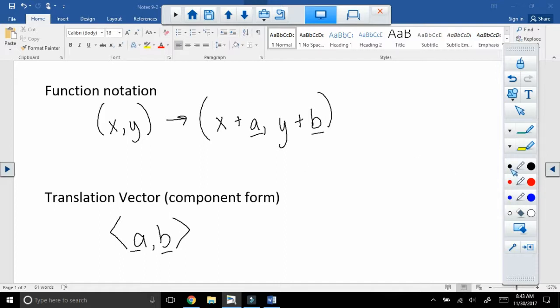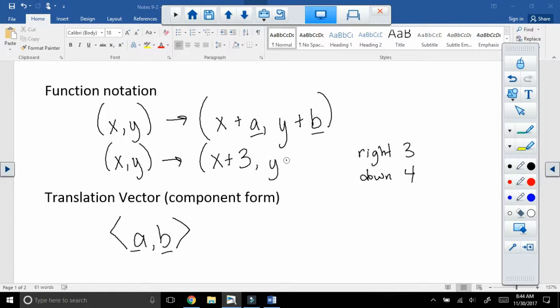Okay, so for example, let's say I wanted to move to the right 3 and down 4. If I wanted to take a point and move it to the right 3 and down 4, the function notation would say (x, y). So any coordinate, you're going to take and add 3 to the x part of the coordinate to move it to the right 3.